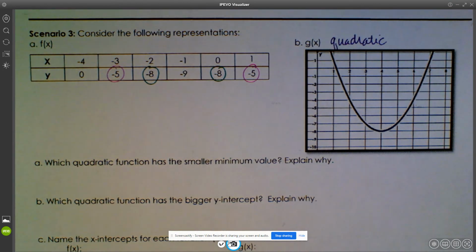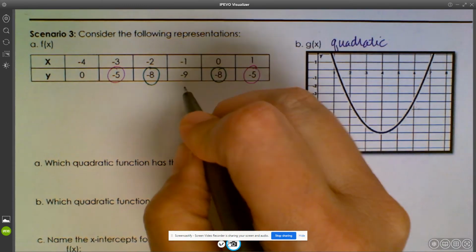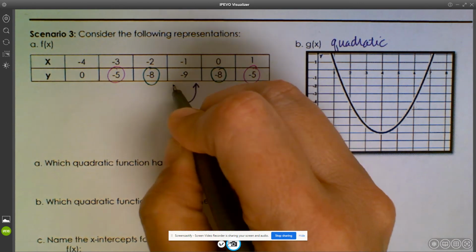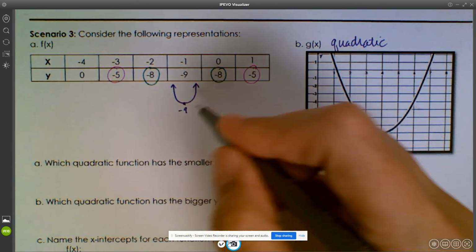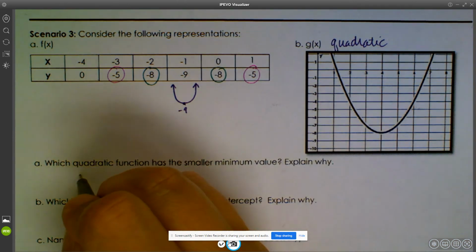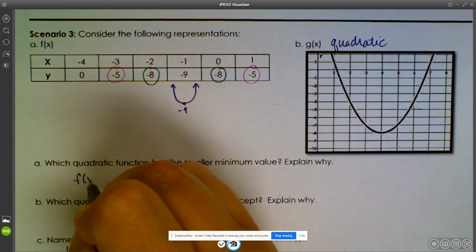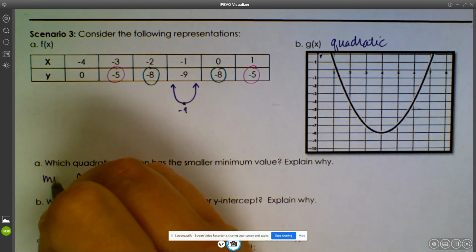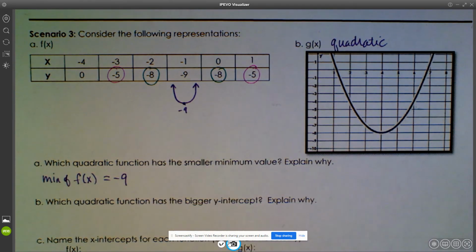Which quadratic value has the smaller minimum value? Well, my smallest minimum value is here because remember, this thing is going to sink down and work its way back up. So -9 is my smallest minimum value for f of x. The min of f of x equals -9.